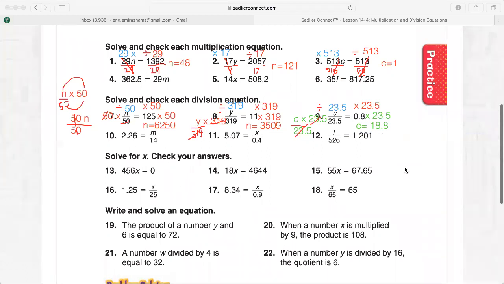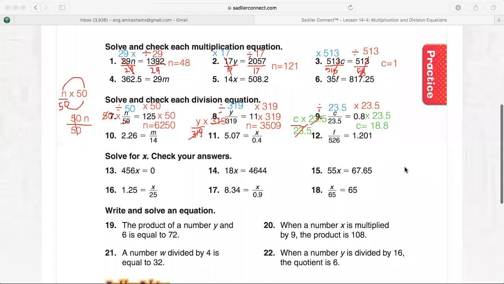What is this type of question? This type of question is where I have the equation in words, and I want to translate it to numbers. Number 19: the product of a number y and 6 is equal to 72.